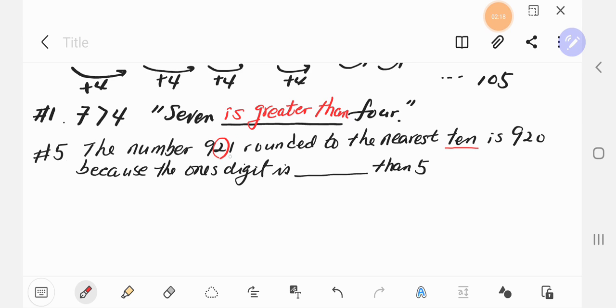Because the next digit after this place value 10 is the ones digit, which is 1, right? Is 1 less than 5 or greater than 5? Less than 5. Since the value of the next digit is less than 5, we just leave this number 2. So the answer will be 920.